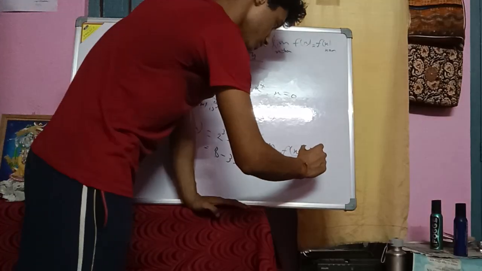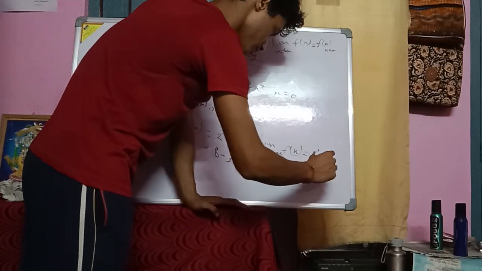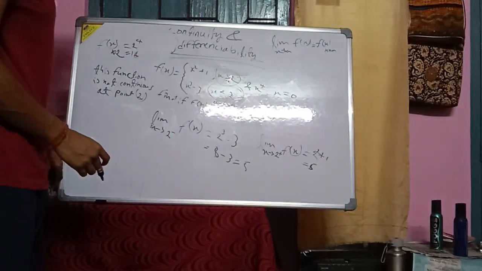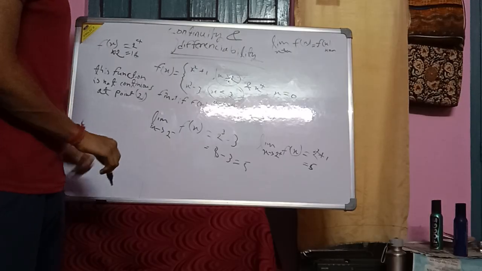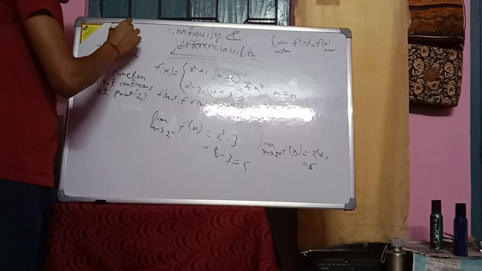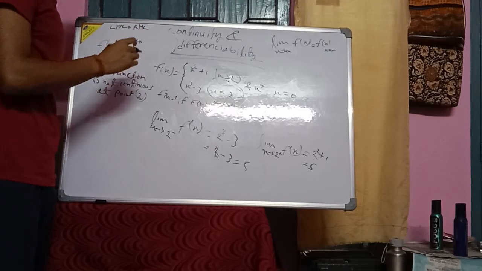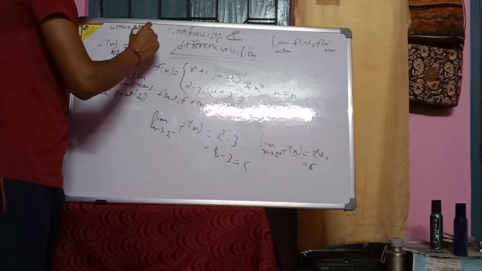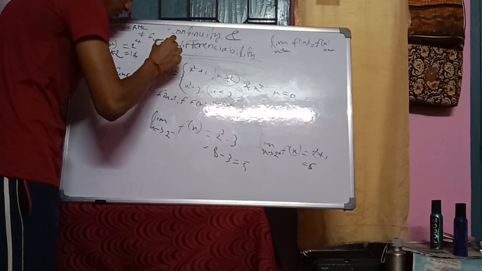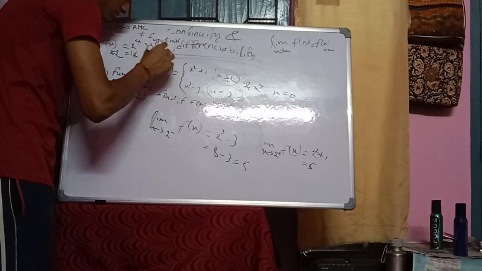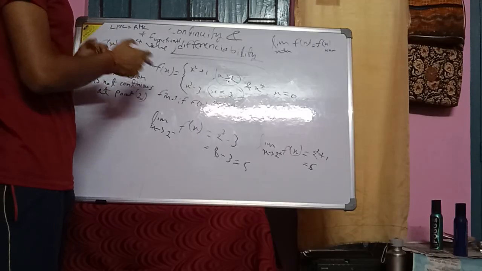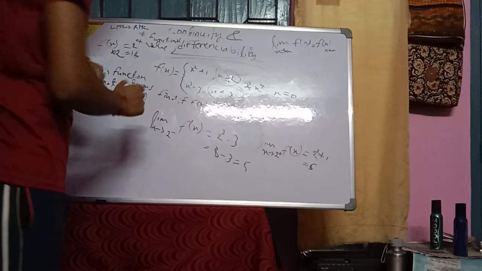So that would be 2 squared plus 1. This would also be 5. Okay, so we can say that LHL and RHL are the same. That means the limiting value does exist, but this is not the same as the functional value. And that is why this function is not continuous at point 2.